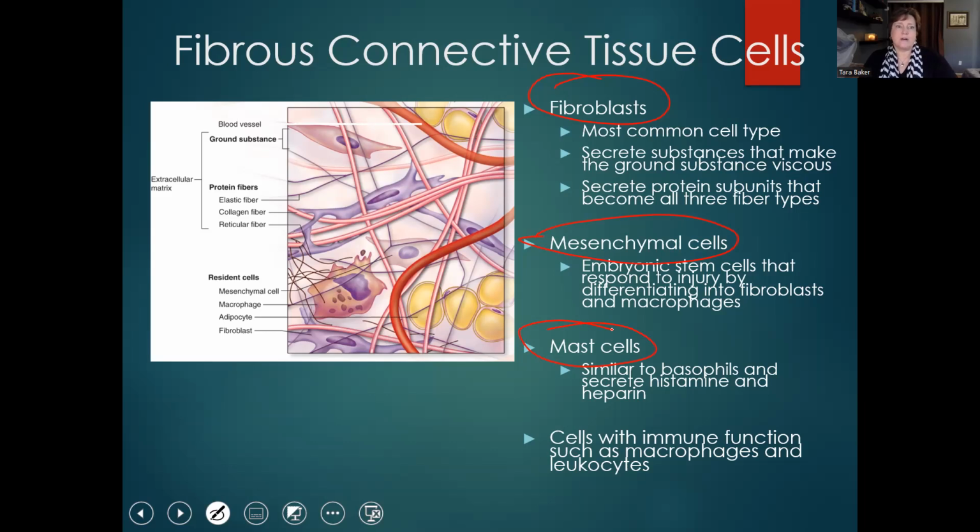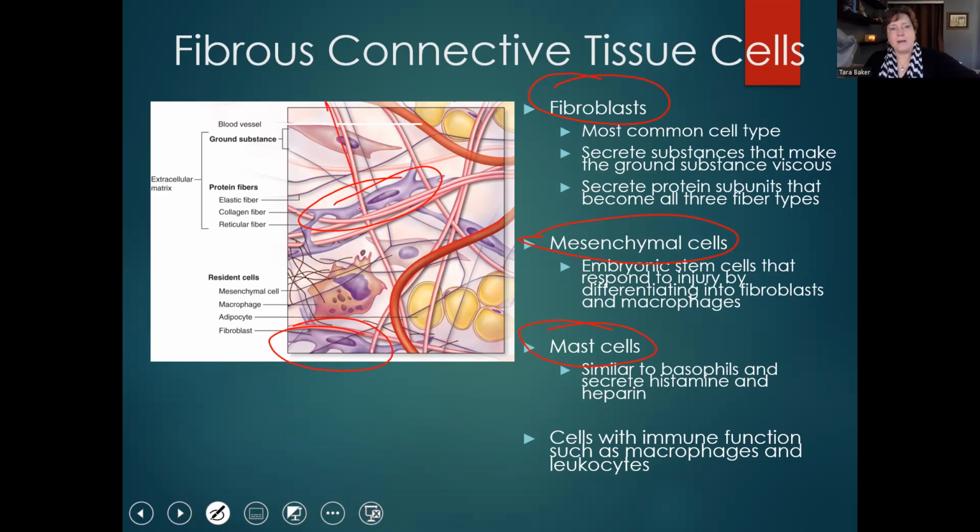So the picture over here on the left is a picture of the extracellular matrix coming off of these different kinds of cells. So this entire picture is a fibrous connective tissue. There are cells in here, and the fibroblast cell is the purple one, and it's the one that's actually oozing out the extracellular matrix.